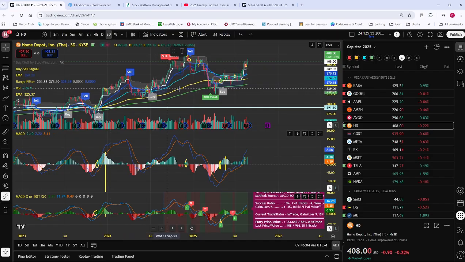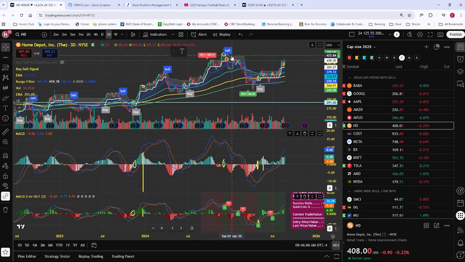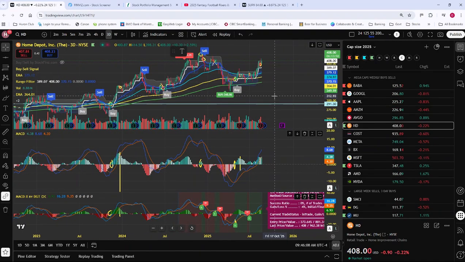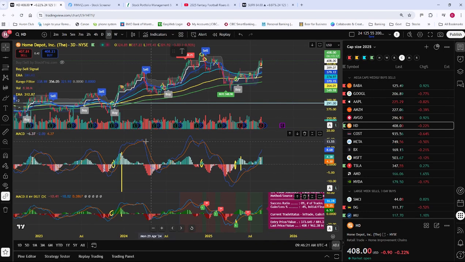Small loss there, 3 or 4%, 8%, and then we've taken 3% and 12%, so 15, 25. So we would have done 22% on Home Depot from the end of 23. Let's just say 24 to 25. 1.5 years, we would have done 25% on Home Depot with almost no risk.